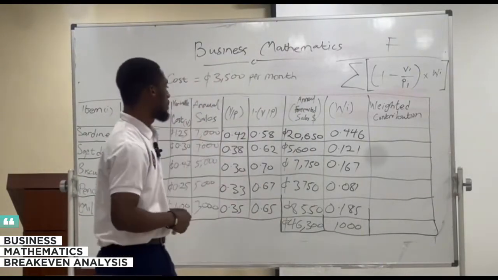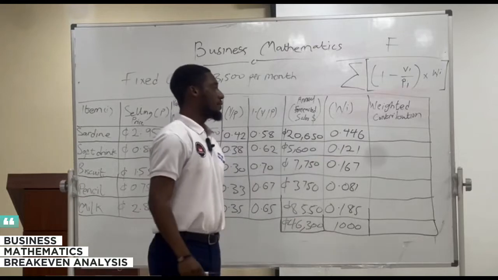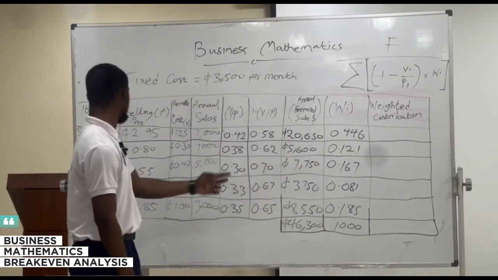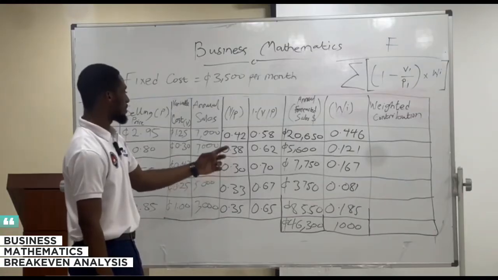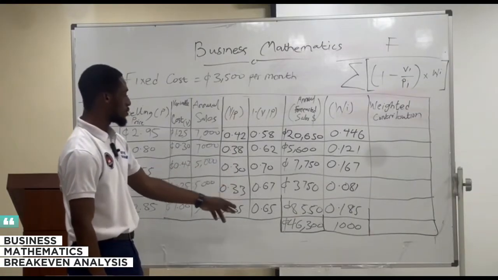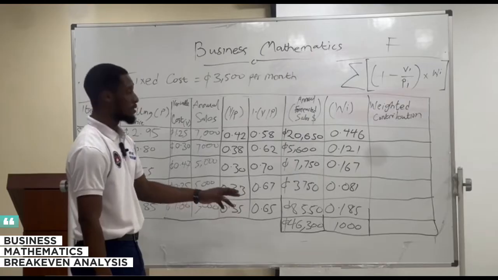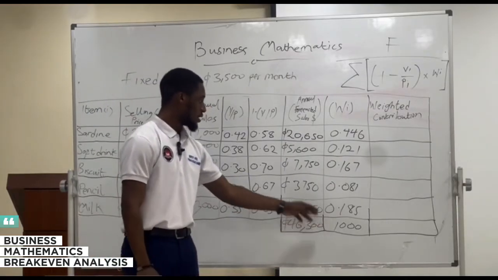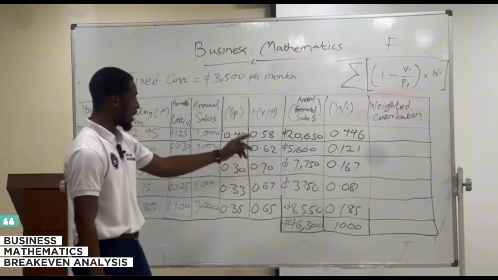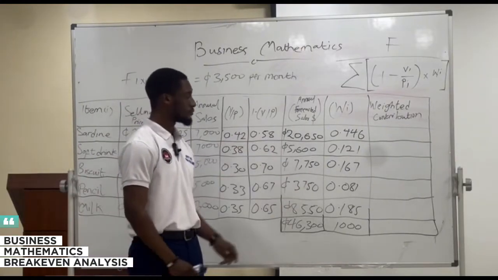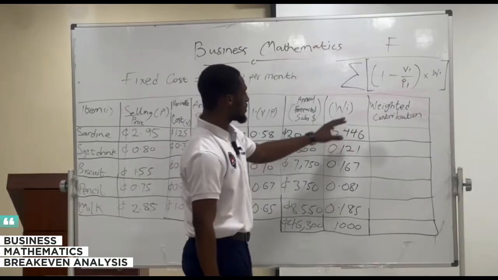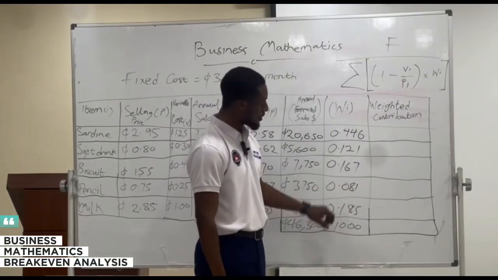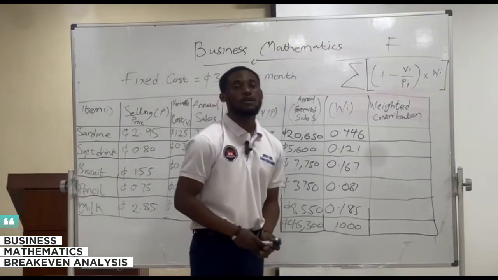So these are my figures, after dividing each annual forecasted sale by the total forecasted sales, which is the 46,300. After getting the figures, what you have to do is to add them and get the total.